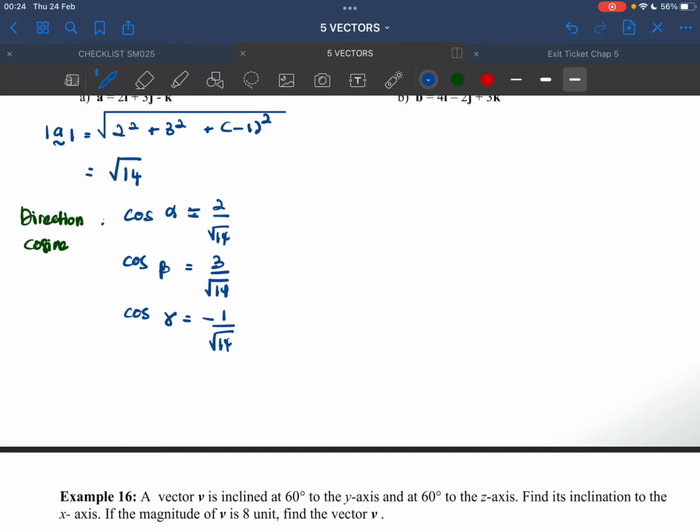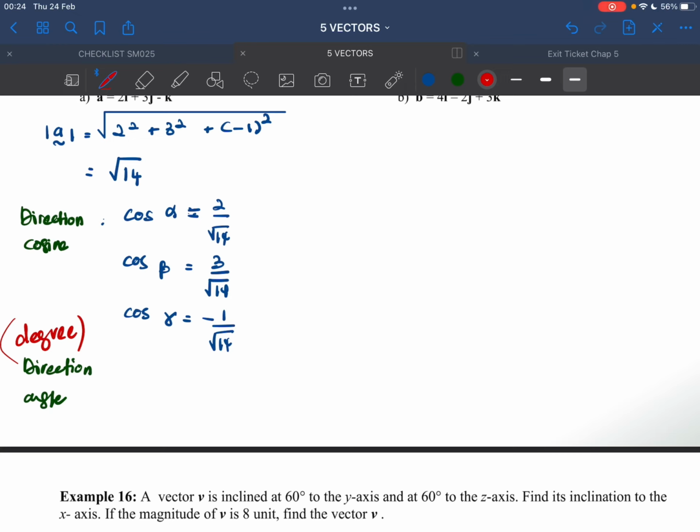If the question asks for the direction angle, just simply take the inverse cosine of these three equations here. But always remember that your direction angle is always in degrees. In fact, for every part in this chapter 5, your calculator has to be in degree mode.